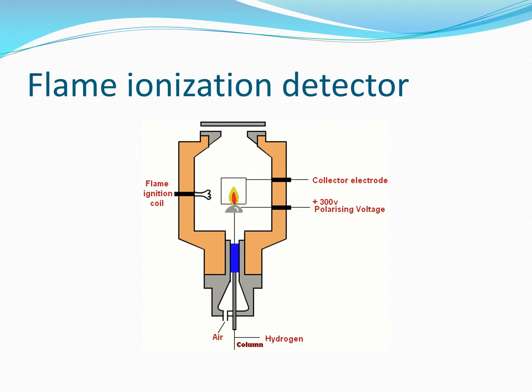I'm going to give one example, the flame ionization detector. How does it work? When the sample reaches the flame, it will ionize the injected sample, and this ionization will result in a graph after it is detected as an electronic or electric signal.